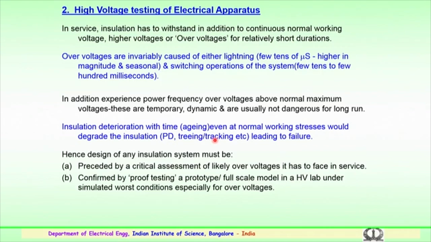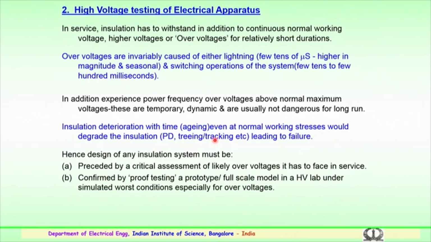We mentioned this, higher voltages could be because of the power frequency over voltages at the working level, where it could last few milliseconds, or the lightning over voltages which last for few tenths of microseconds, and switching surges or voltages which could relatively last for a few hundreds of microseconds.